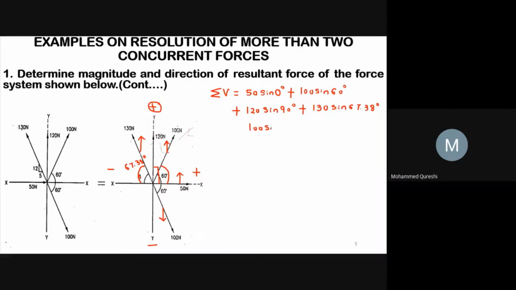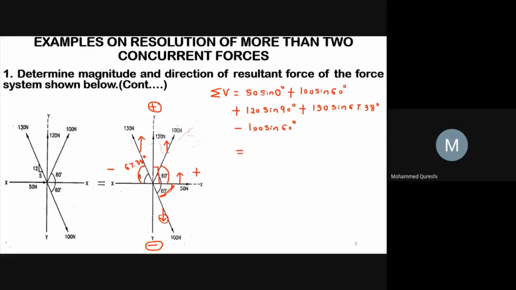100 sine, making an angle 60 degree with x-axis, so sine 60 degree, but this direction is going downward, and downward your vertical component will be negative. So here minus 100 sine 60.